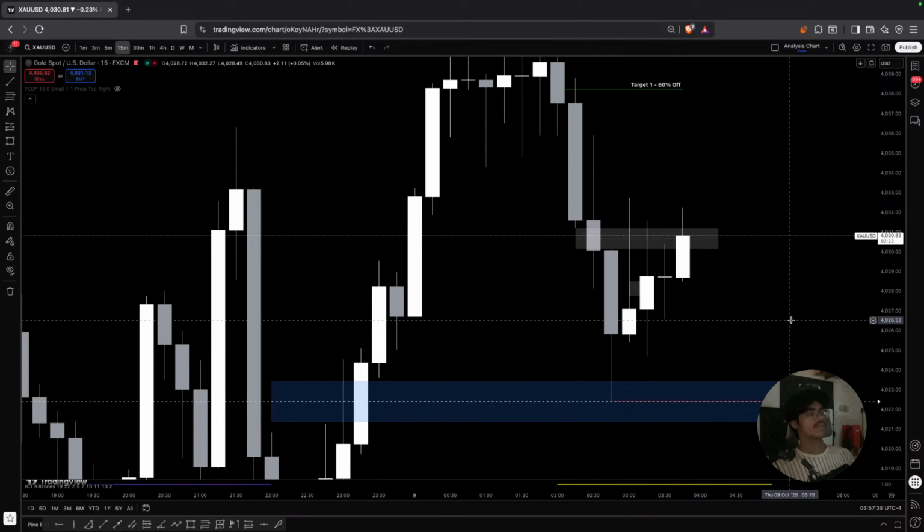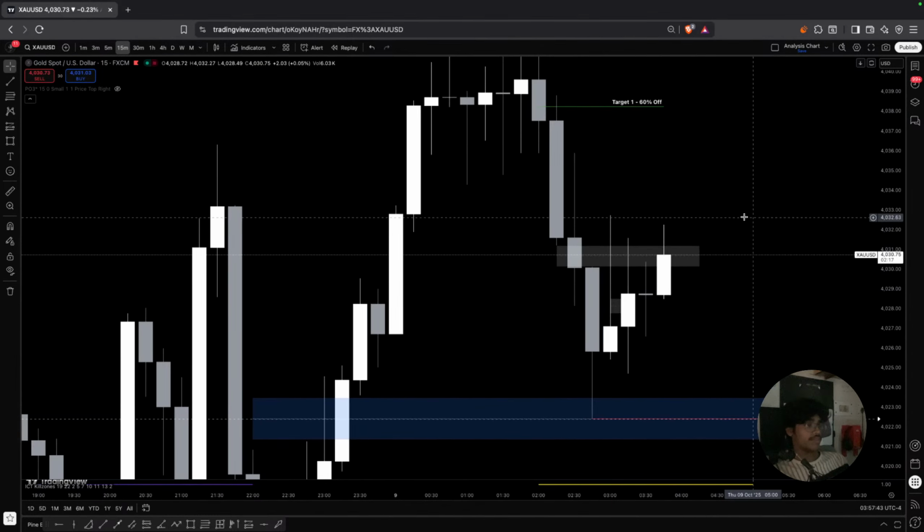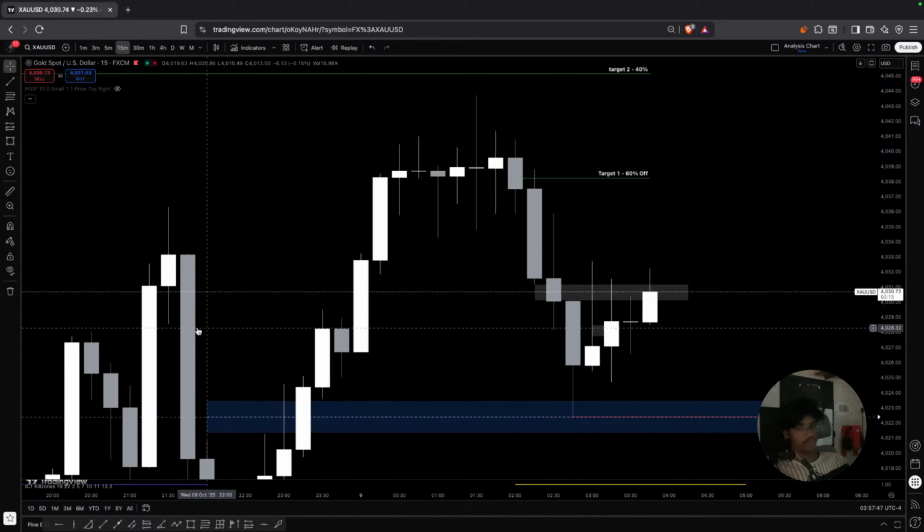Okay, another 2 minutes for the market to close above this point. If it doesn't close above this point, I'm not looking for buys. Let's wait for the market to close above this point.